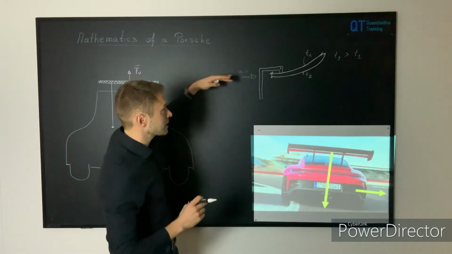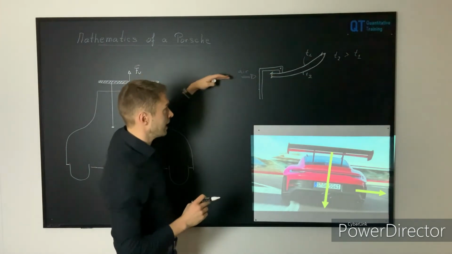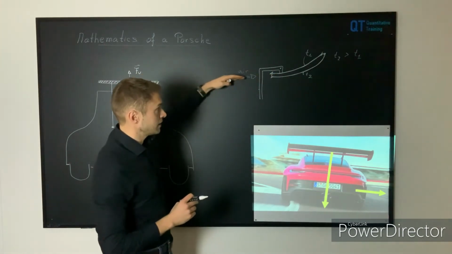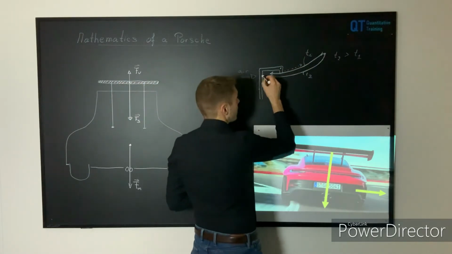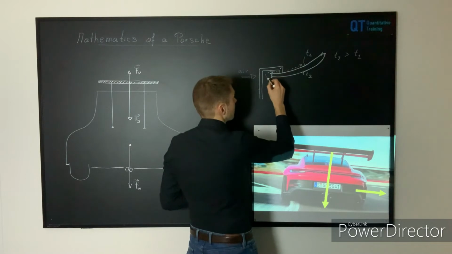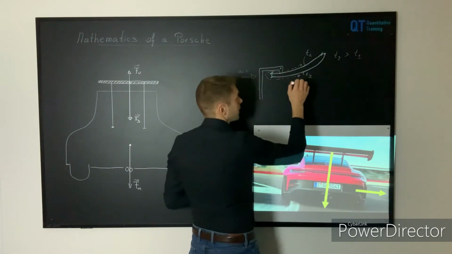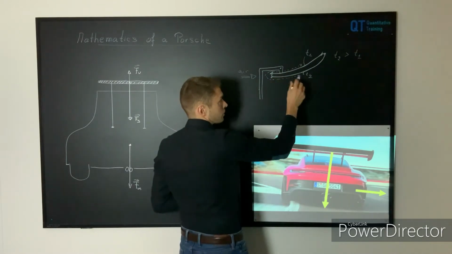And the air is coming, when the car accelerates, from this side here, and it goes over the rear spoiler, so some part of it goes like here, and the other part goes like here, and takes the longer trajectory.